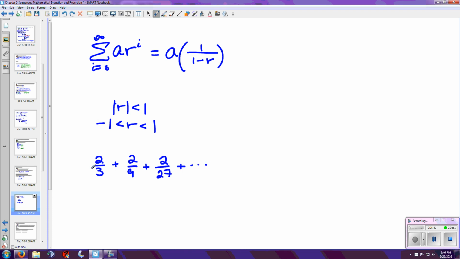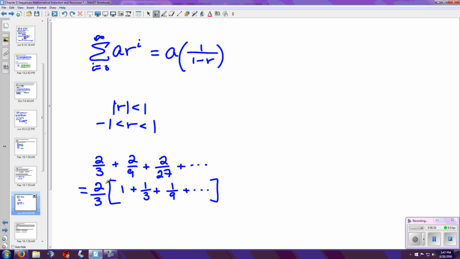So what we're seeing here is that we have a common ratio of 3. So 3 times 3, 3 times 3 times 3, and that constant of 2. So let's factor this out. Now, the catch here, in order to use this formula, we have to start with something to the 0 power. So 2/3 is not something to the 0 power. So if we factor out 2/3, that leaves us with 1 plus 1/3 plus 1/9, and so on and so forth.